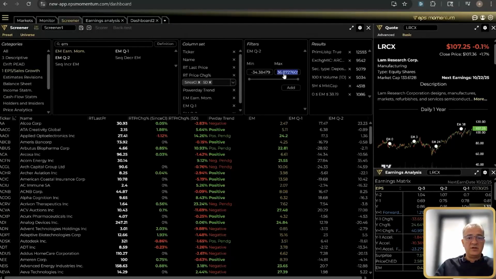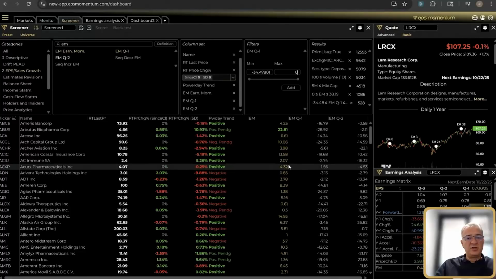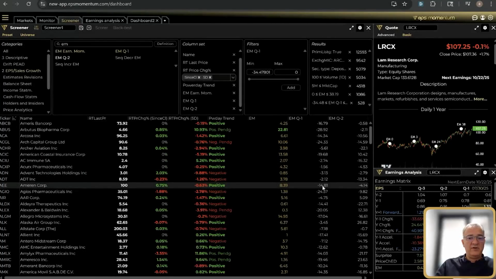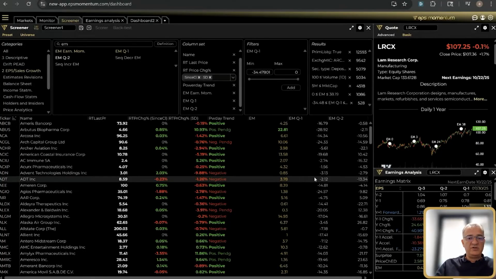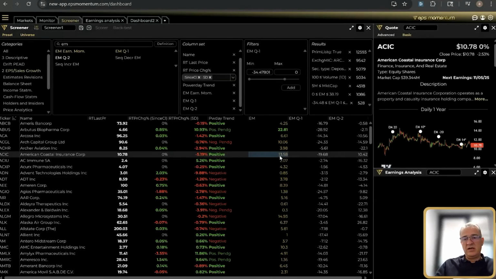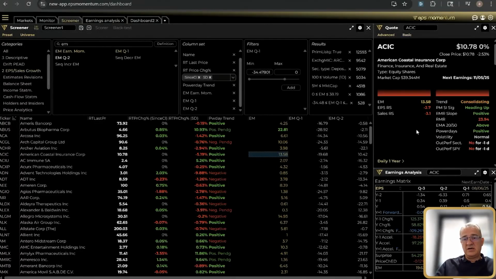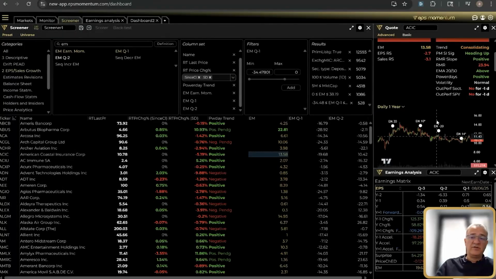So you click on this one to activate the filter, and then you say below 0, so you expect a negative Q-1, and then all of a sudden it turns around because the EM is improving. From -14 it goes to 8, from -2 it goes to 3, from -19 it goes to 13, and when you click on the name, you see an improvement in EM. Not yet in the price, but maybe. It looks like the price is kind of turning around a little bit here. But yeah, this is one of the things you can do.